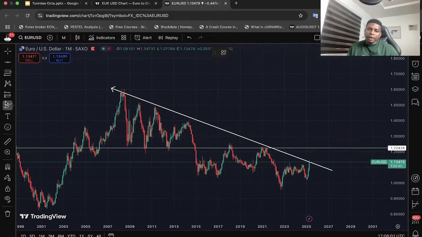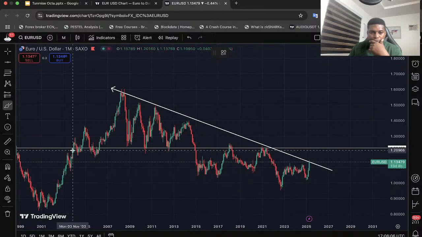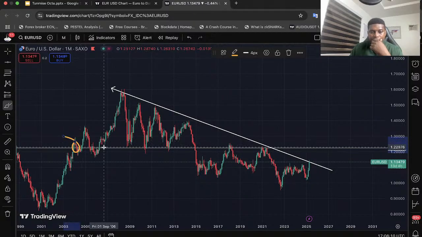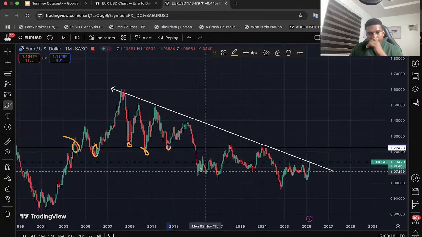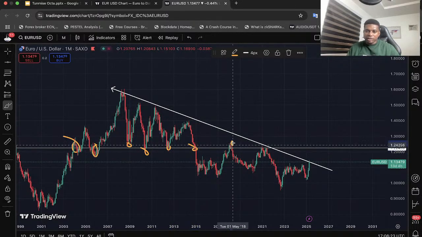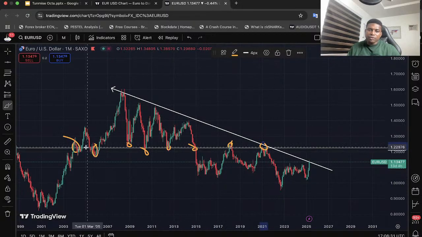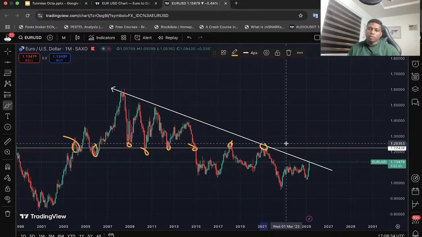Because if you look at it, it has some historical footprint here, here, here, here, here, and here. Then we can see here, here likewise. Now you can see that across these levels there are historical footprints.